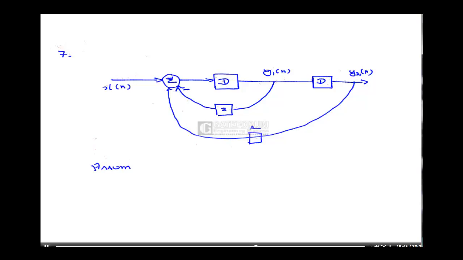Assume that for n less than 0, x[n], y1[n] and y2[n] are 0.